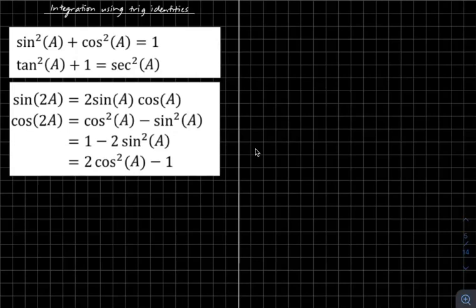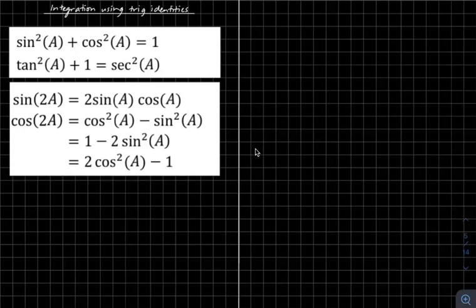Now before we go on and actually attempt one, let me particularly talk about these identities down here. So cos 2a, note, can be written as an expression involving sine squared a, and also as an expression involving cos squared a.